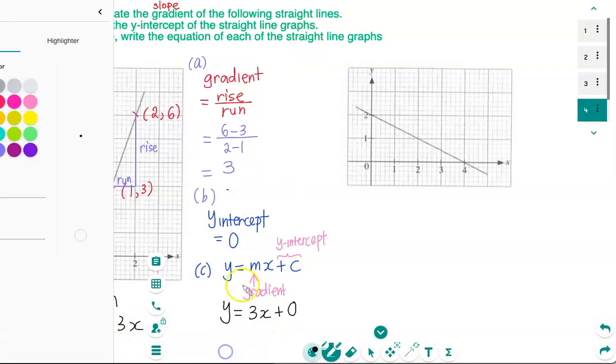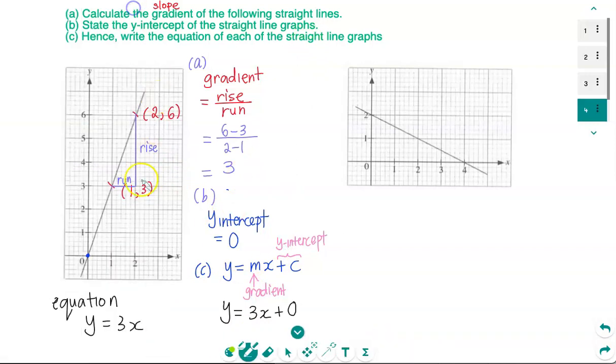Which means that whenever you substitute a value, for example, when I substitute x equals to 1, y is equals to 3, and I can check. It's almost like you input a 1 and you get an output of 3. Okay, so we check that this is good and this is correct.